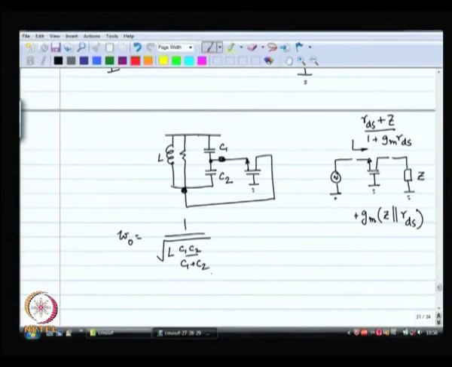There are a couple more such oscillators, there is the Pierce oscillator, Clapp oscillator, etc., a lot of different oscillator topologies exist in the books. More or less they are all based on the same principle. You sense the oscillation and you create a positive feedback and feed it back to create more oscillations.